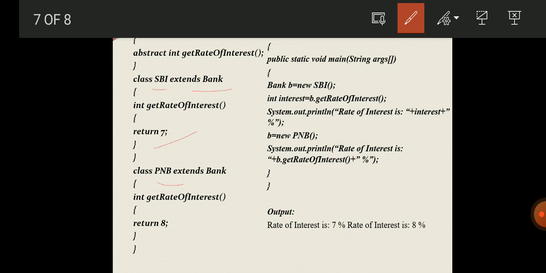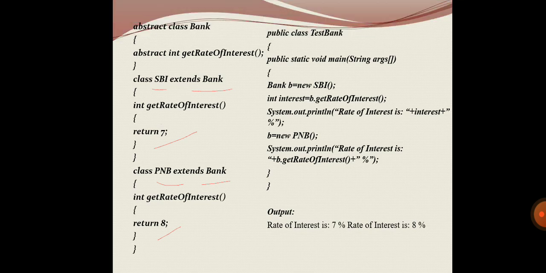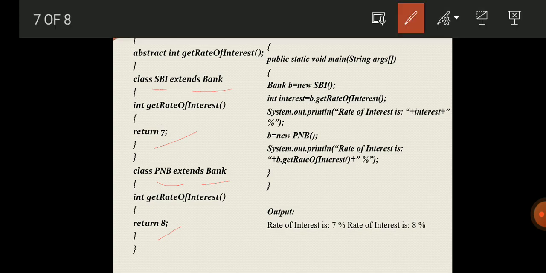Next PNB, which is also a bank that extends Bank, and its rate of interest is 8. Now next is the class public TestBank with the void main. For SBI we are creating the object and calling the method int getRateOfInterest.